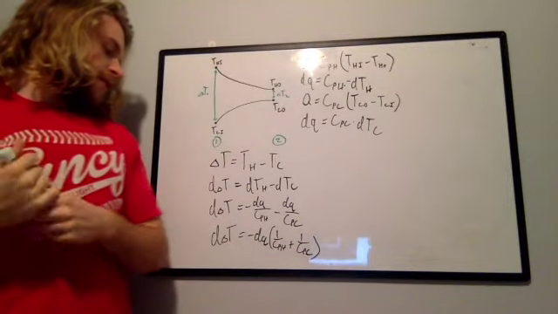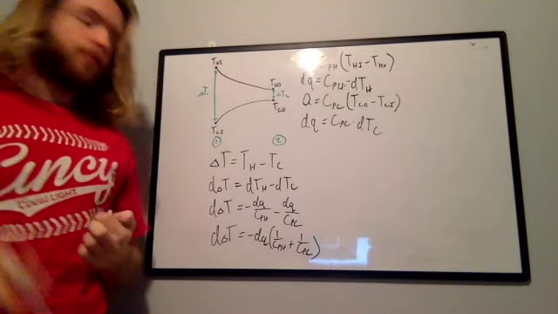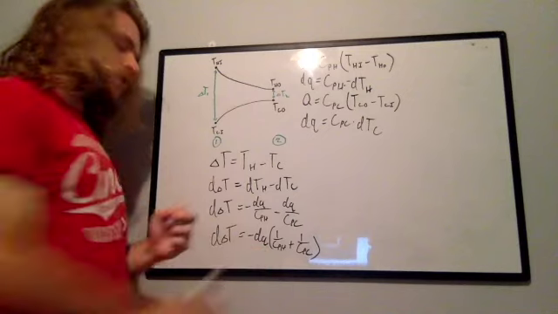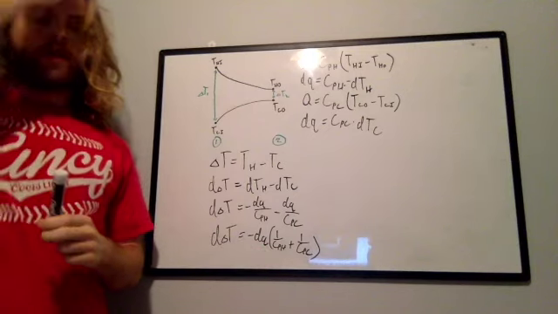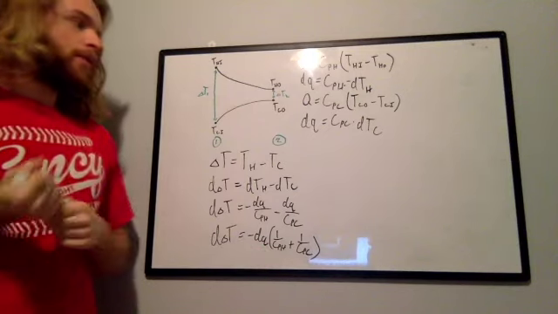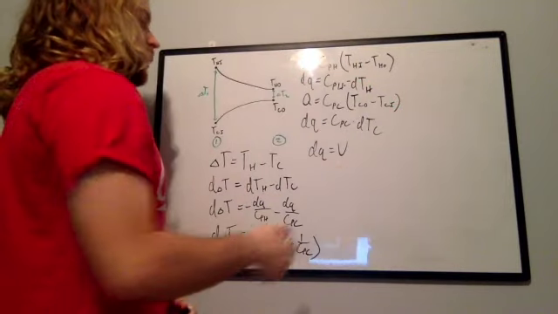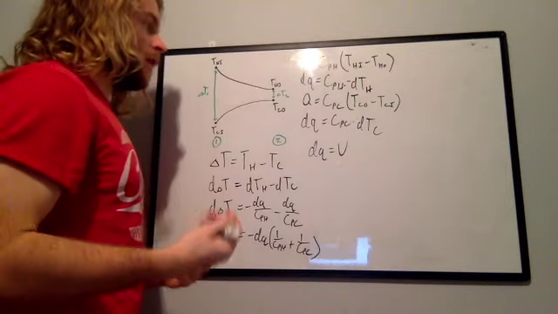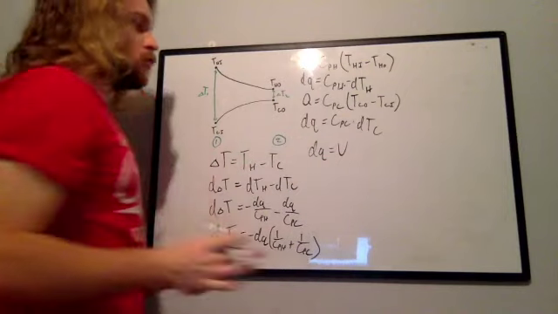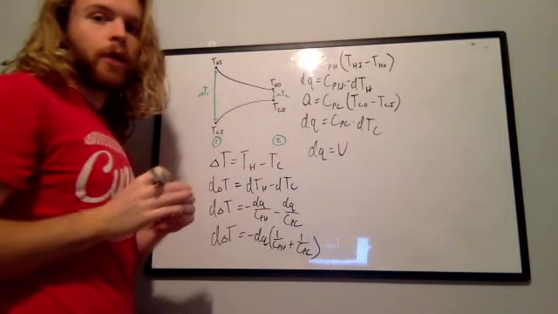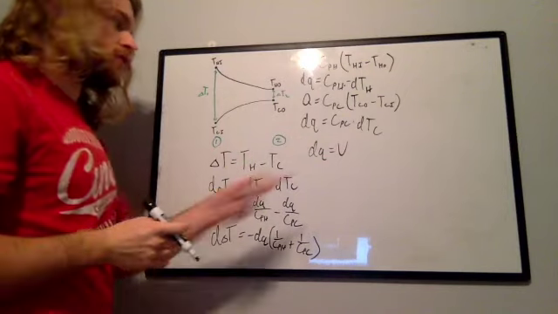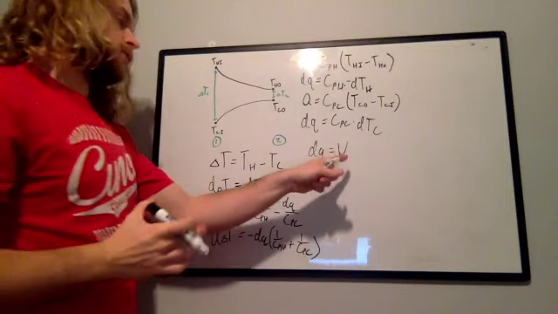All right, so our next step is going to be to come up with an expression for our change in the heat being exchanged, and that's just going to be pretty simple. We are going to say that dQ is going to be equal to U, which is again representing all of the convection going on and all of the complicated heat transfer math that is going on within the actual heat exchanger itself. That is what U is representing.